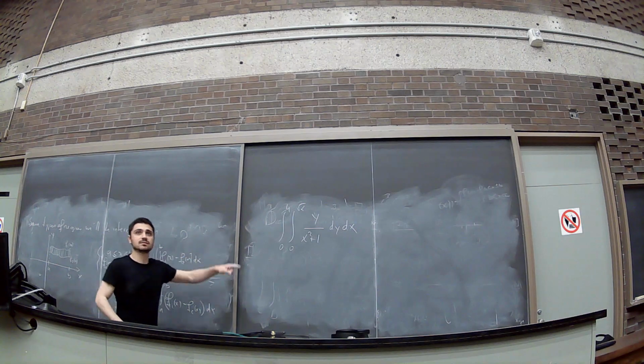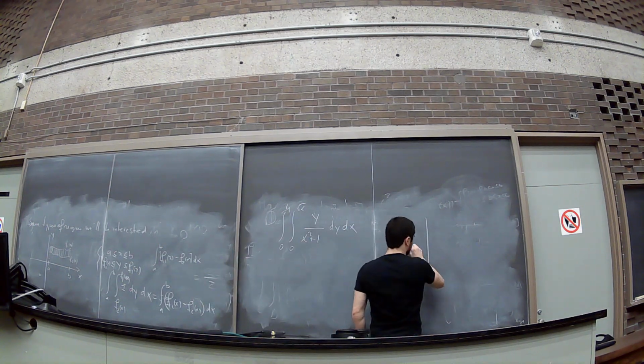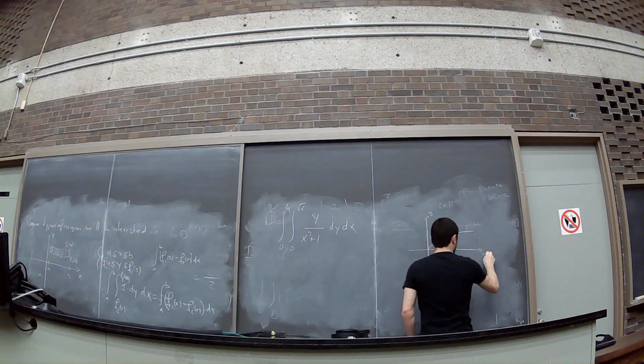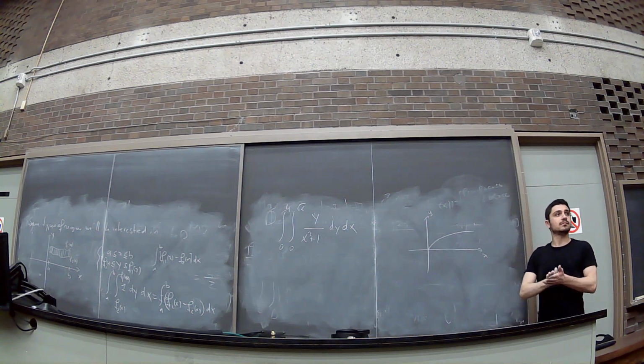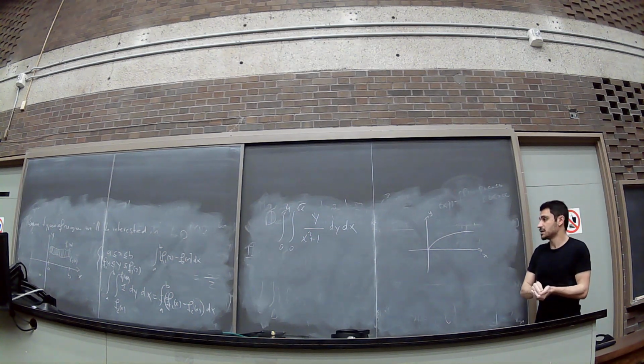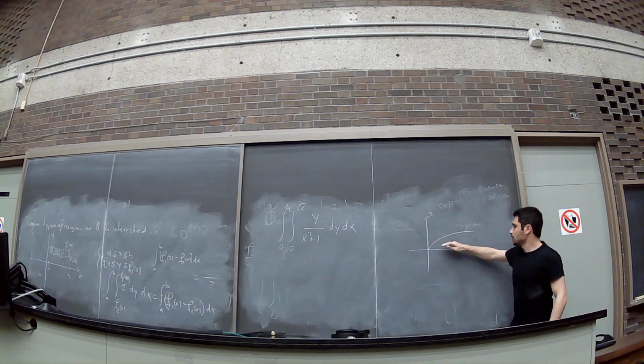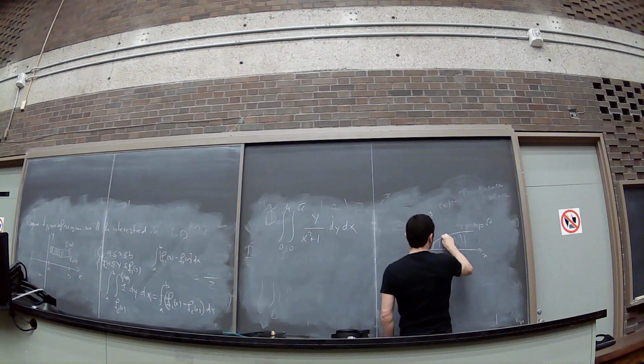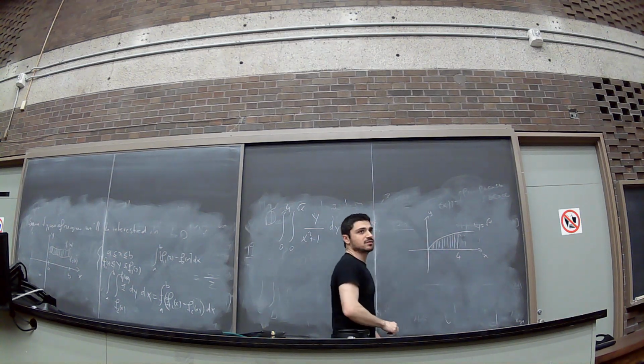Can you sketch the region first? So y goes from where to where? Y goes from 0 to square root of x. And x goes from where to where? So y is under this curve, but x is bounded from 0 to 4. This is the area I'm integrating over.